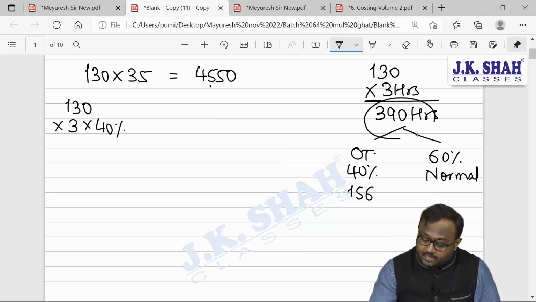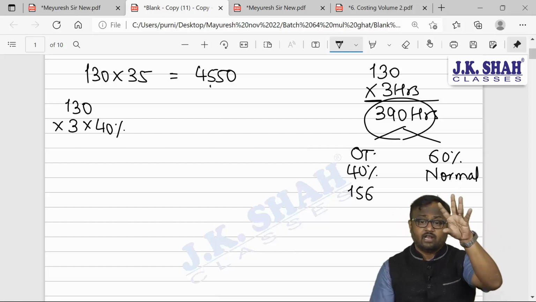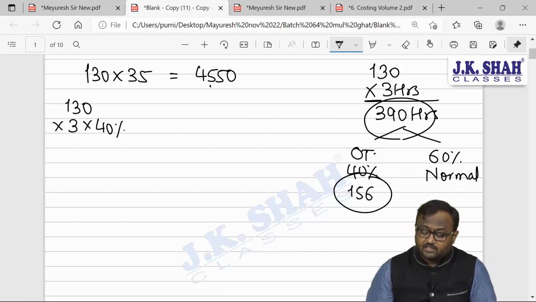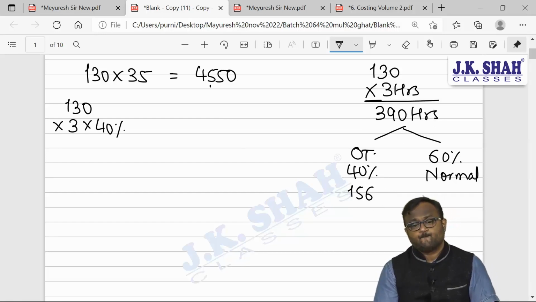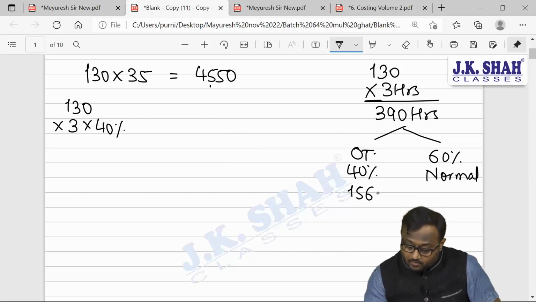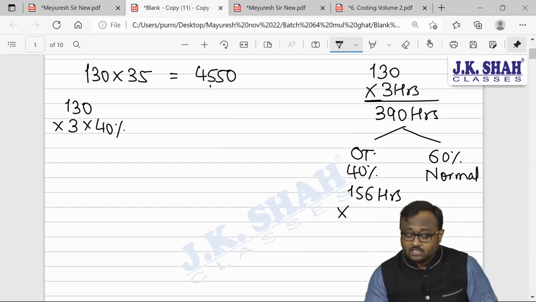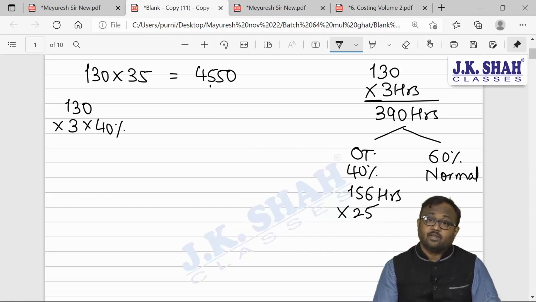Children, I already know the labour cost for 390 hours is going to be incurred, which is already considered when I calculated 50 per hour. But now this will be an incremental cost for me, an additional cost for me, 156 hours. Are you getting me? In this I will not consider the 50 rupees rate; I will consider a premium on it.